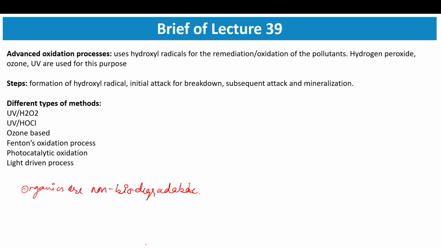In case you have already removed the biodegradable portion of organics through secondary treatment, whatever is remaining you need to remove as well, but they are not degradable through any organisms. So microorganisms fail to degrade those organics.